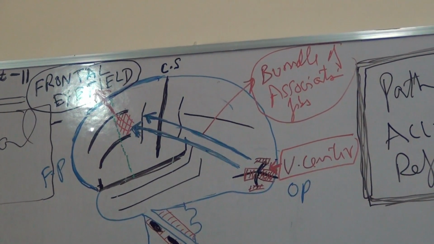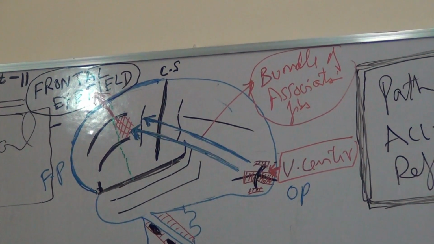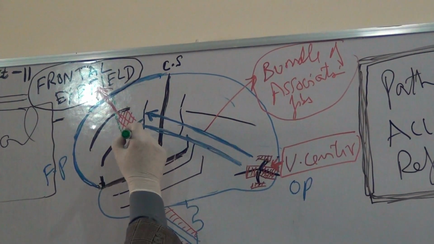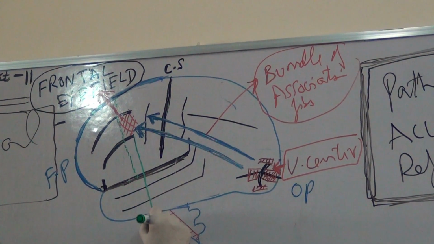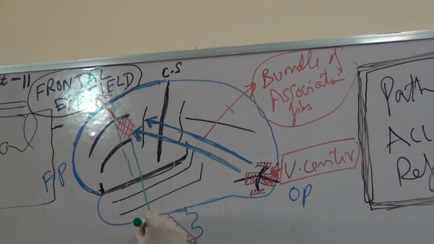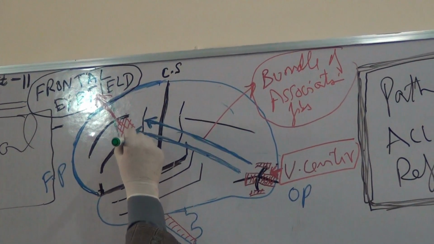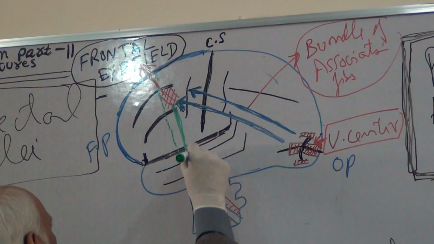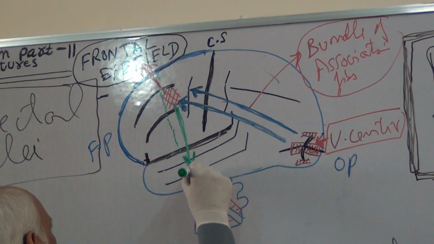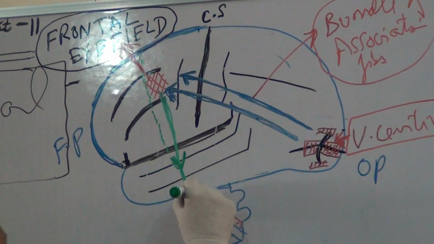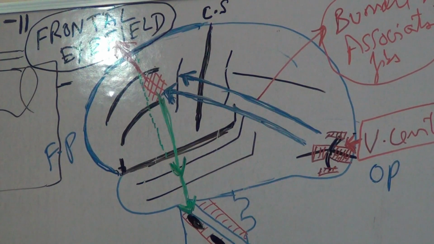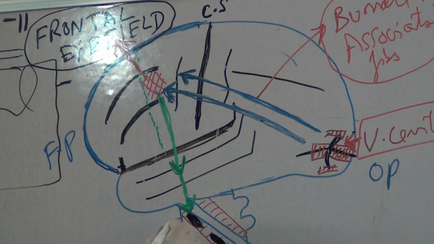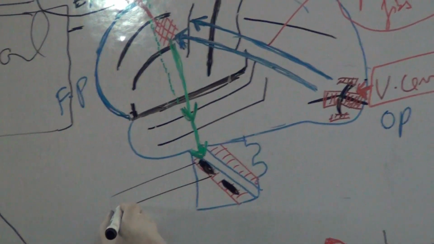Now from the frontal eye field, again fibers arise which descend and enter the midbrain. And in the midbrain, these fibers relay in the Edinger-Westphal nucleus of the oculomotor nerve.